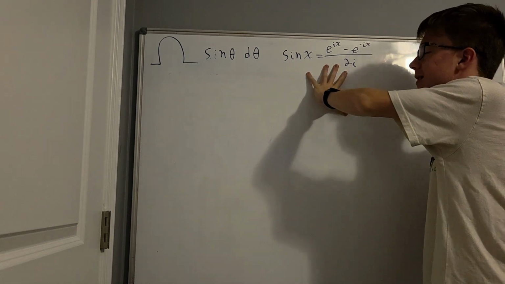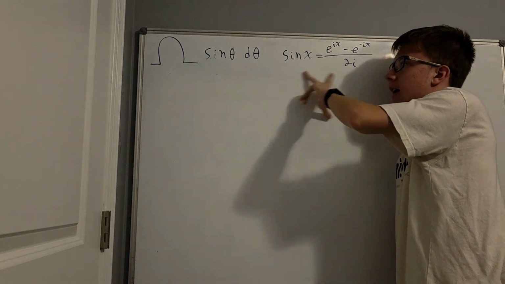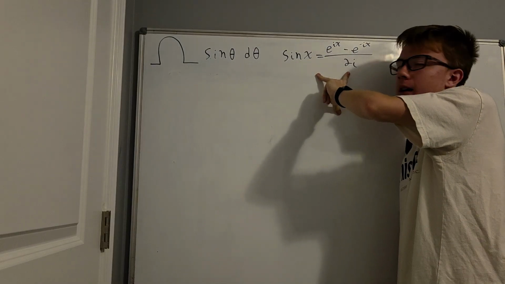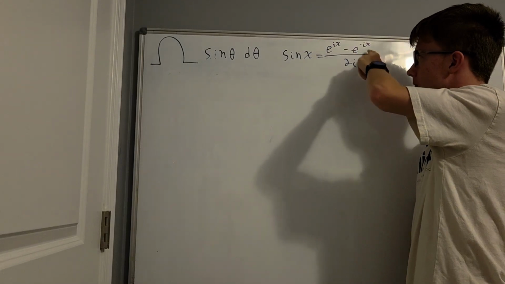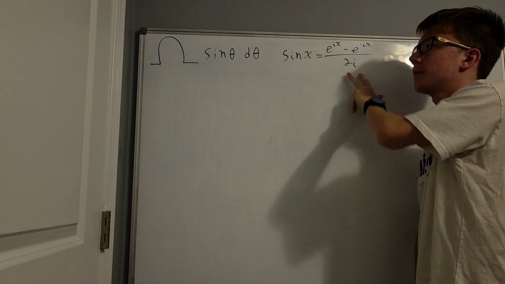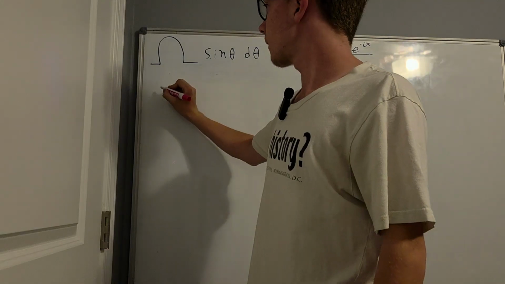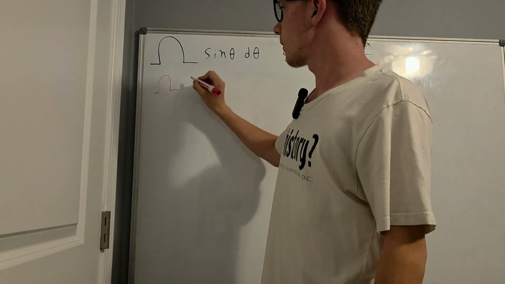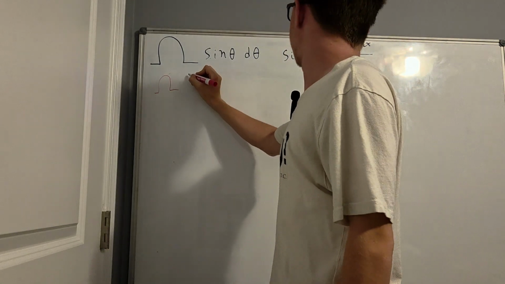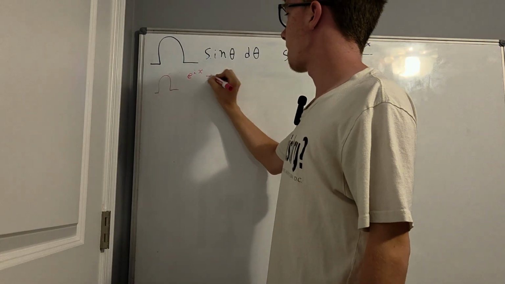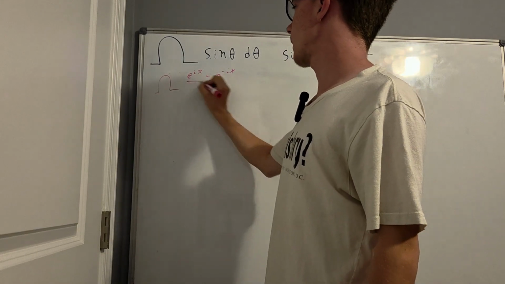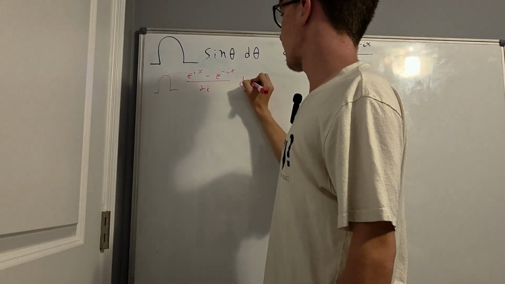Right here, it's a little hard to see, but I have Euler's formula for sine of x, where we have e to the ix minus e to the negative ix over 2i. So I'm actually going to take that down here, where I have the nth derivative of e to the ix minus e to the negative ix over 2i with respect to x.